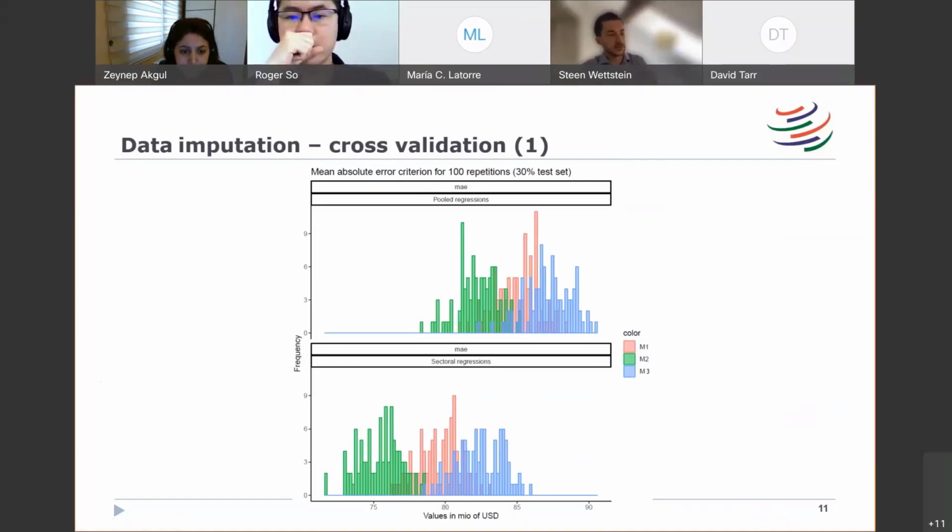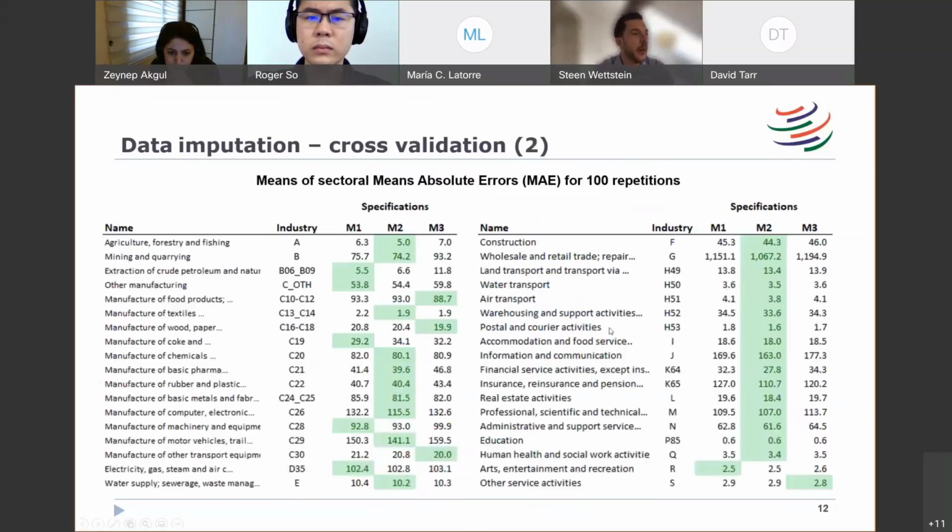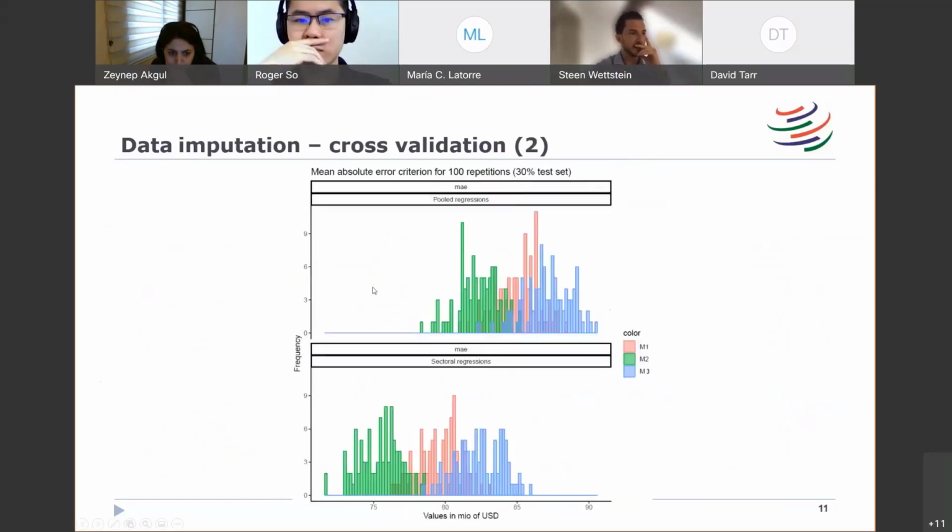And what the results indicate is that there is a preference on average for the second specification, which means that you can clearly show by those distributions that the green distribution is on the left, meaning that the average error is usually smaller for the second specification. That's what we are interested in. So that was for all the sectors combined.